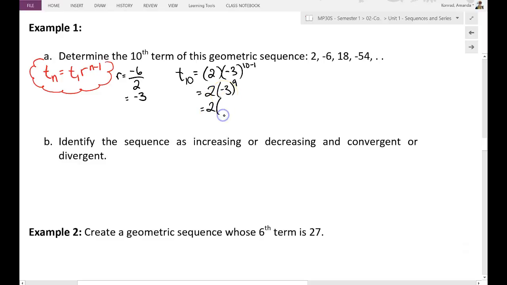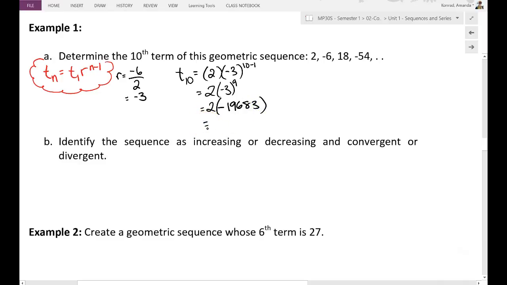If you want to plug this into your calculator, because I don't know the 9th power of 3, maybe you do. If you've got a knack for memorizing facts, we're going to go 3 to the power of 9. We know it's going to be negative because it's an odd exponent, and it's going to be 19,683.